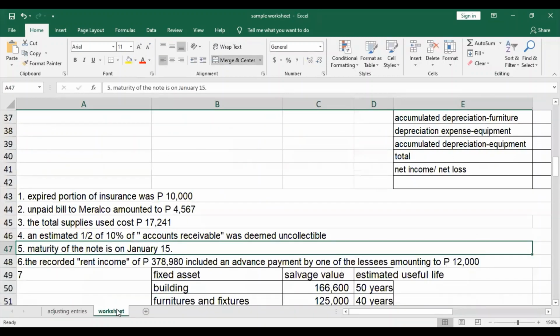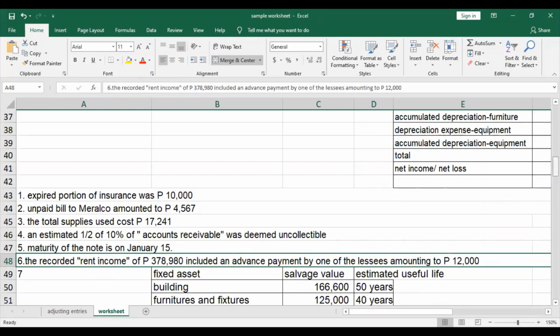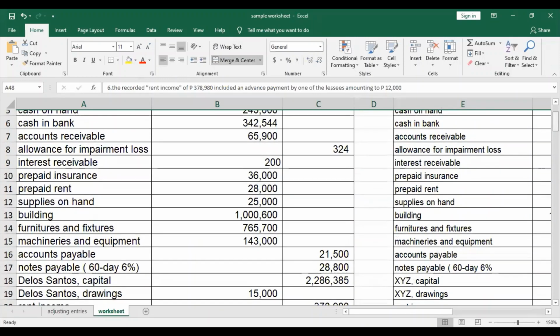Next transaction, number 6. The recorded rent income of 378,980 included an advance payment by one of the lessees amounting to 12,000. This number 6 problem is about unearned income. If you can still remember, in unearned income, whenever we prepare it, we have two methods, the income method and liability method. So in preparing unearned income using liability method, para malaman mo kung liability method ang gagamitin mo, punta ka sa unadjusted trial balance.